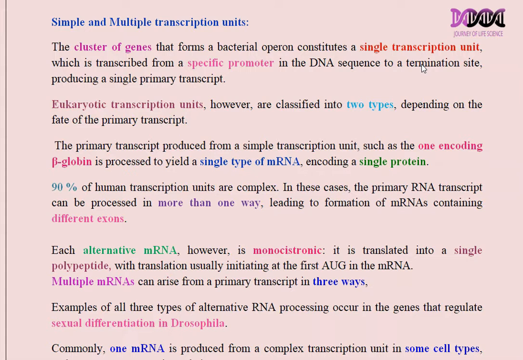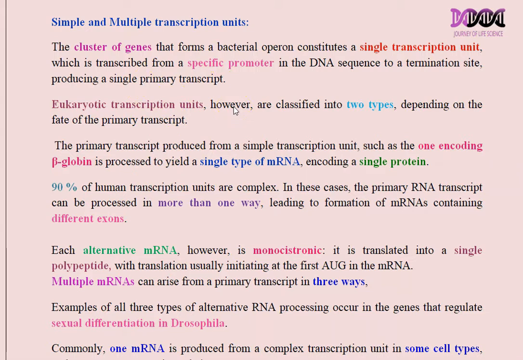During transcription, RNA polymerase binds to the specific promoter, starts transcription from the initiation site, and continues up to the termination site. In between, there are three genes which encode the three enzymes of the lac operon. So a single primary transcript can encode three enzymes.